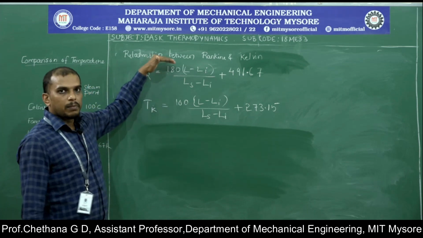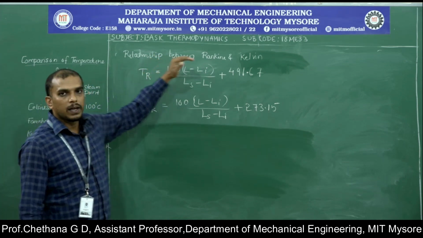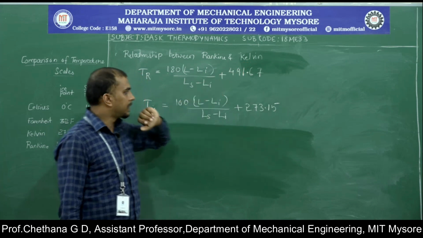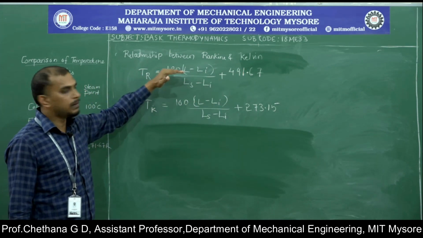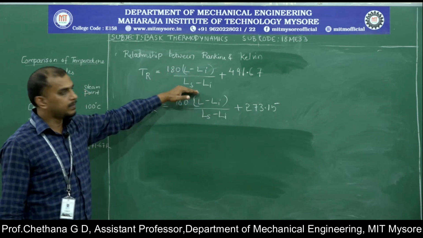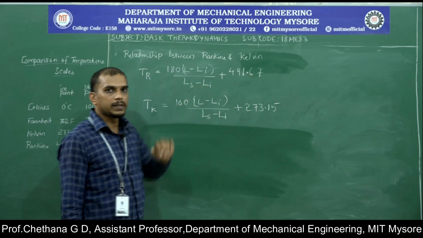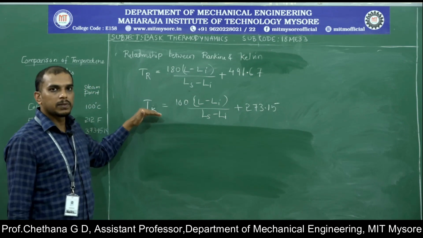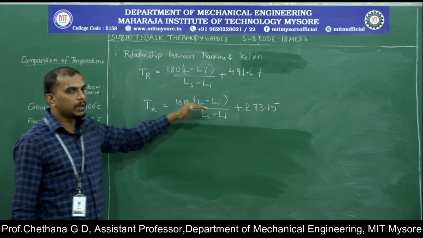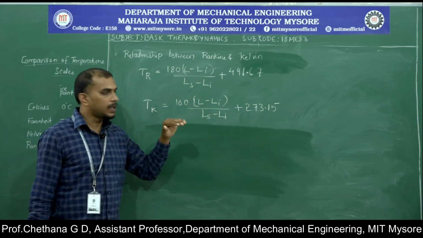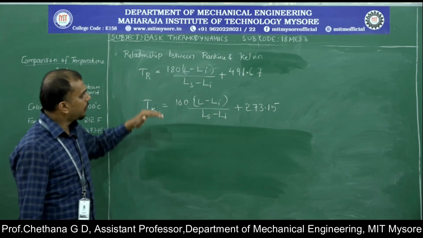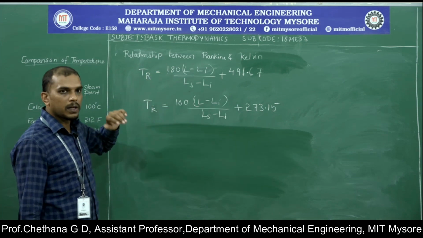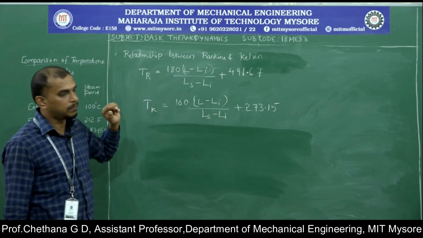We are trying to establish a relationship between the Rankine and Kelvin scales. We have the expression for Rankine as 180 into L minus Li divided by Ls minus Li plus 491.67. We have the expression for Kelvin as 100 into L minus Li divided by Ls minus Li plus 273.15. So we try to put one expression into the other so that we get a relationship.